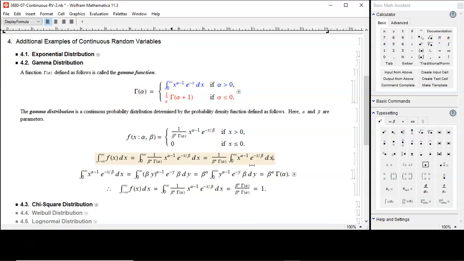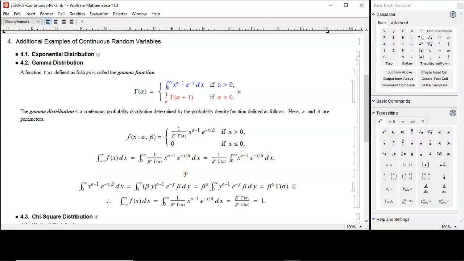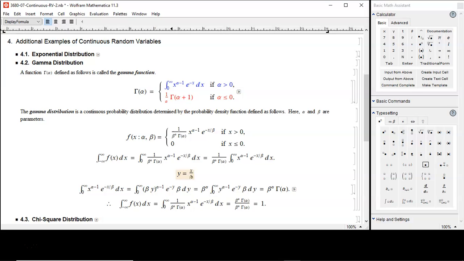And what change of variable do I select? We take y as x over beta. So x is beta times y.